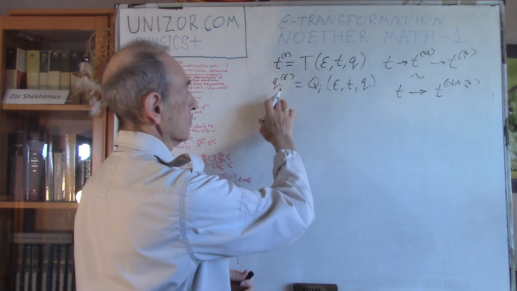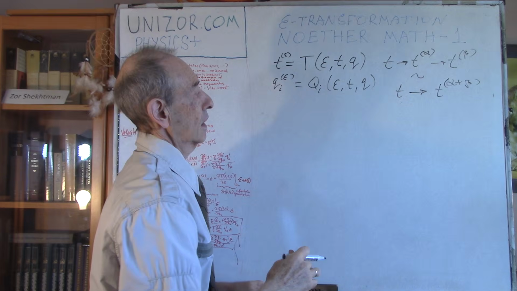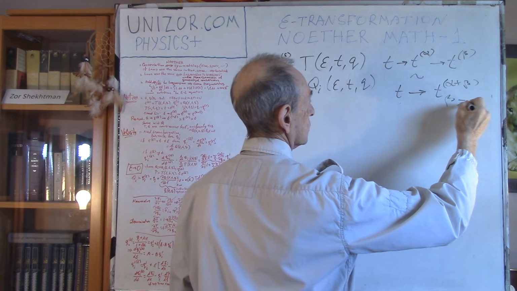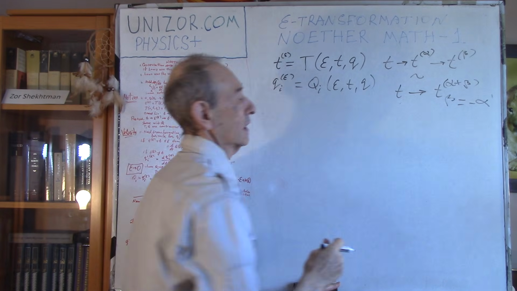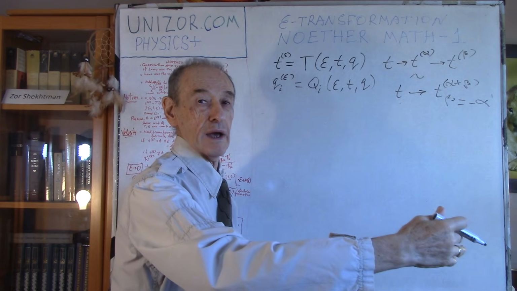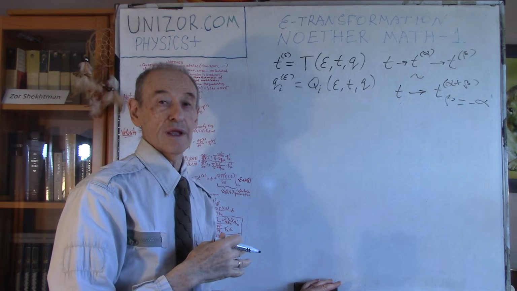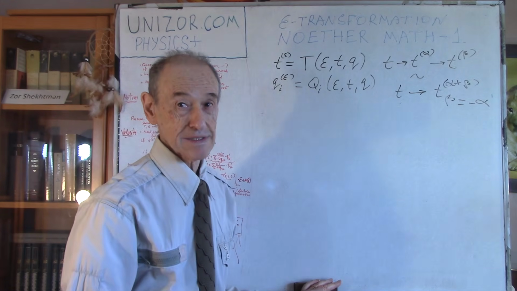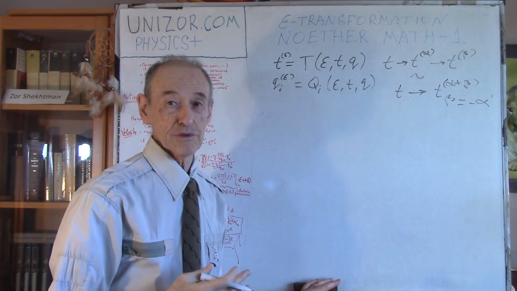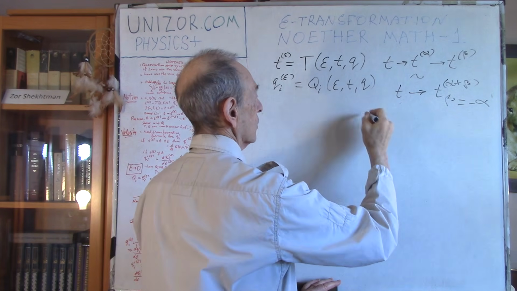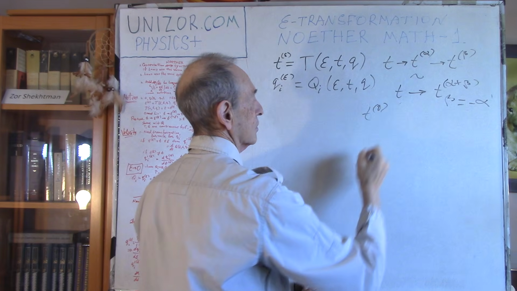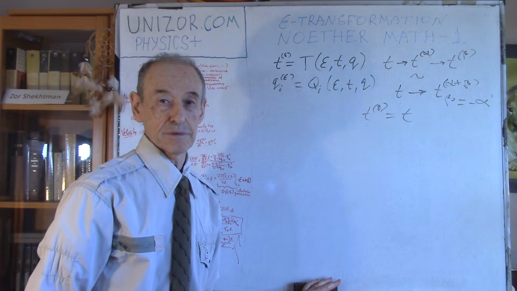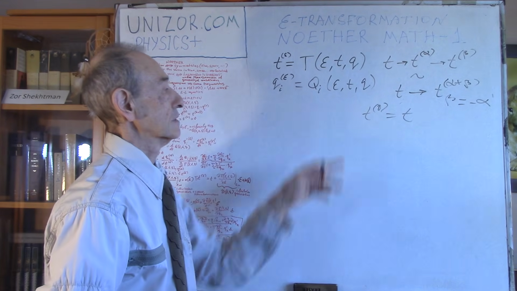Same thing with qi, obviously. Alternatively, if beta is equal to minus alpha, it means I will transform by alpha and then transform by minus alpha, and if we are talking about a nice transformation, we should return to the same original thing. So t of 0, which is alpha minus alpha, is supposed to be equal to t from which we started.